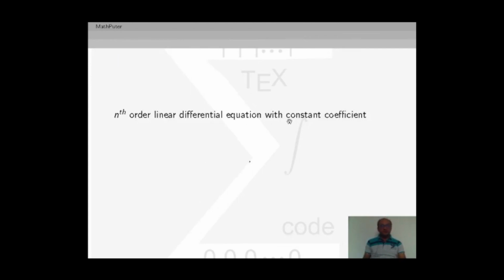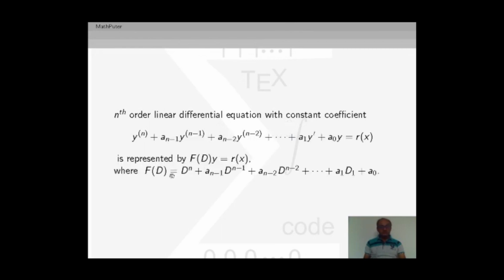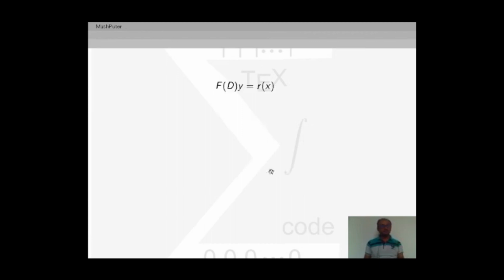Now let us go for the solution of the differential equations. So the nth order linear differential equation with constant coefficients is represented by this form, where F(D) is this, which we know very well now. We have the same differential equation, F(D) into y equal to r(x). Now to find the solution, first we consider the right hand side as 0, which gives the complementary function, F(D) into y equal to 0.